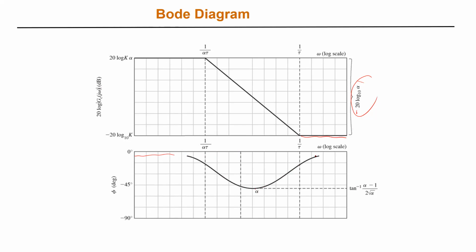Then it will decrease again, and at higher frequency, what will happen? The same, it will be 0. So what they have done, they use this property when I use the phase lag compensator.